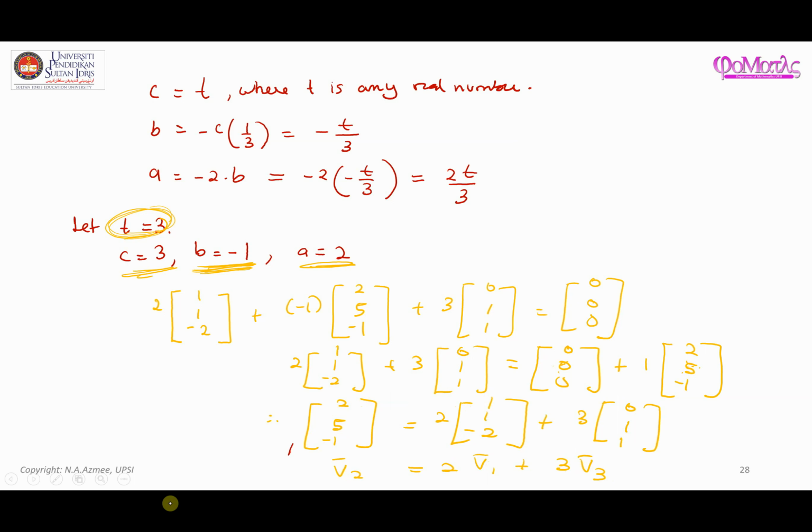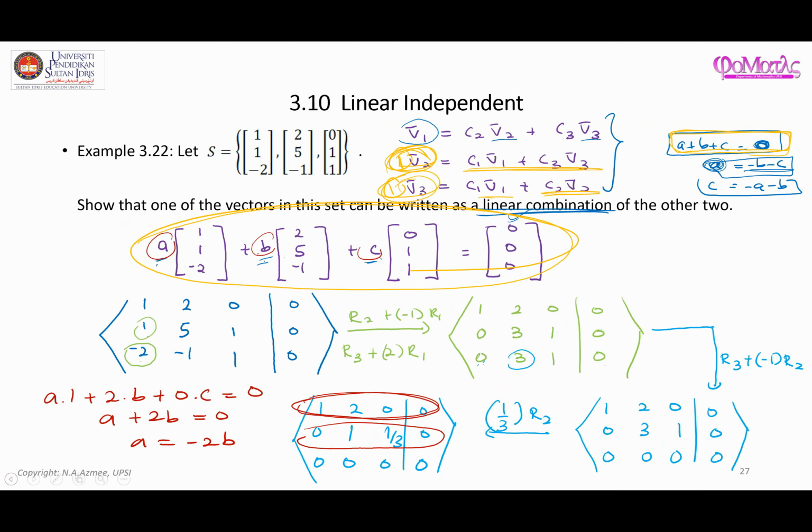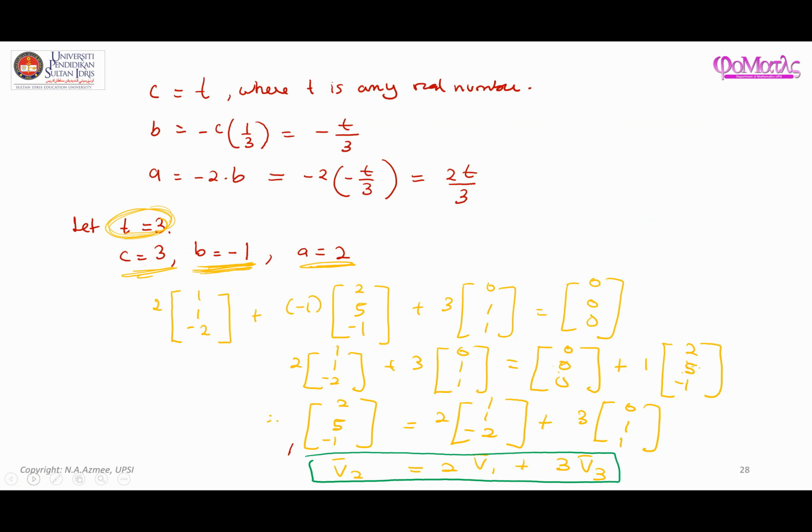Okay, so this is an example of linear combination, where you have managed to show that one of the vectors here can be written as a linear combination of the other two. Okay, right.